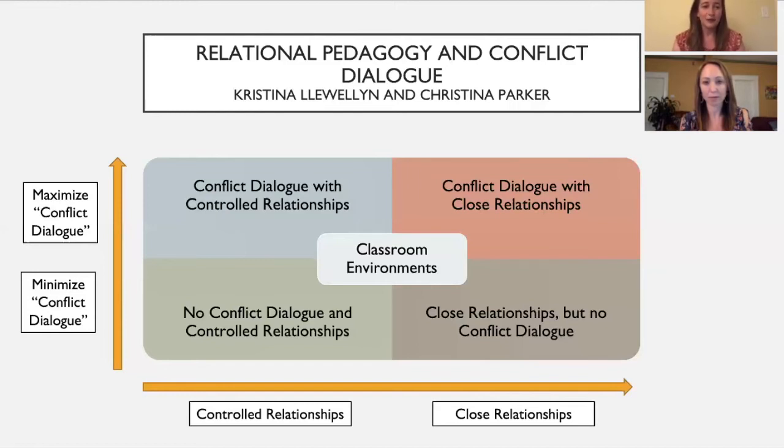For an example, if you have controlled relationships and you're minimizing conflict dialogue, then that might look like that standard lecture format where someone's just talking with a PowerPoint, which I understand, unfortunately, that's a little bit what's happening here, but hopefully we'll have more chances to make relationships with all of you when we have our live Q&A, which I hope that you can attend.